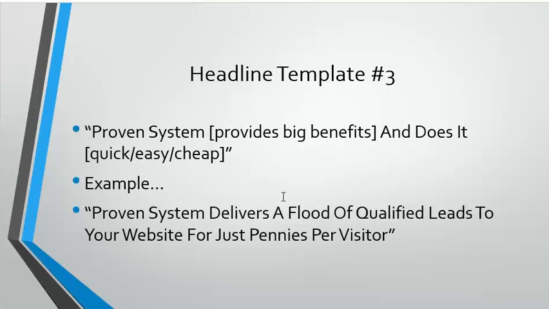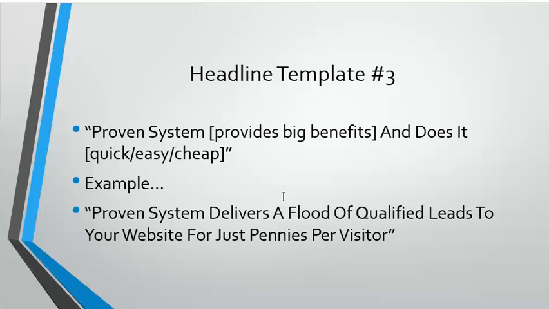Okay, third one: proven system, then the first fill in the blank, provides big benefits, and the second part to fill in: quick, easy, or cheap. So let's go over that again. It's proven system, delivers big benefits, and does it quick, easy, or cheap. Let's give the example first. Proven system delivers a flood of qualified leads to your website for just pennies per visitor.